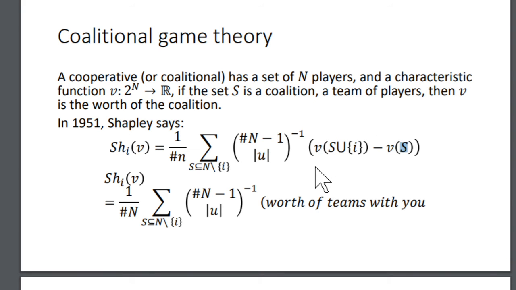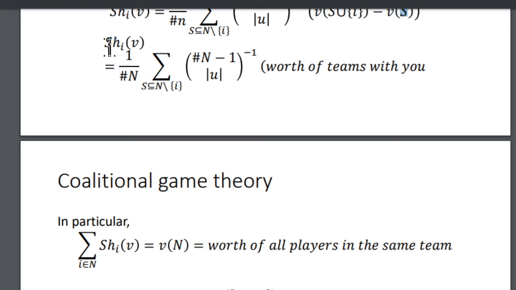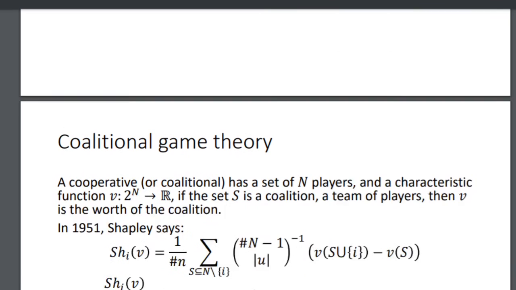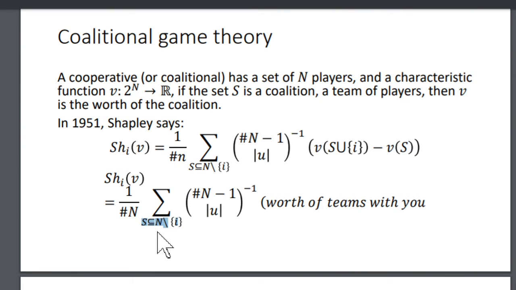So we can view it differently. Basically, it's 1 over the number of players times the sum over all the teams that did not include i. So let's say you are player number i. For all the teams that do not have you with them, you get the worth of these teams S with you minus the worth without you.